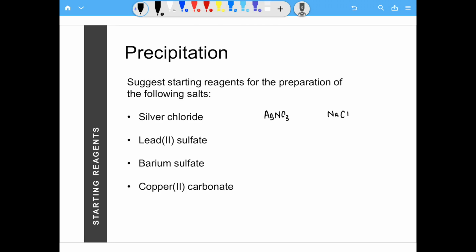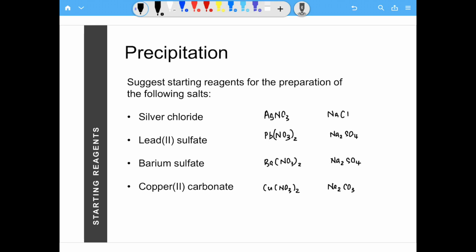For lead-2 sulfate, we would want to mix lead-2 nitrate with sodium sulfate. Similarly, for barium sulfate, we want to mix barium nitrate with sodium sulfate. And lastly, for copper-2 carbonate, we want to mix copper-2 nitrate with sodium carbonate.